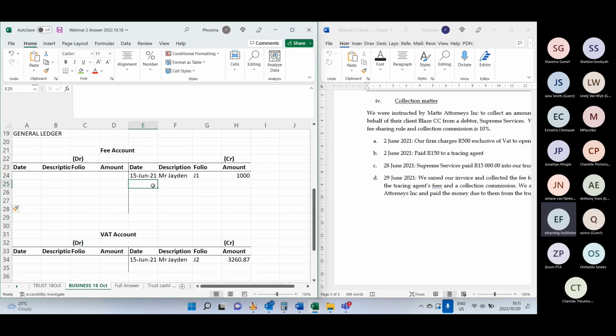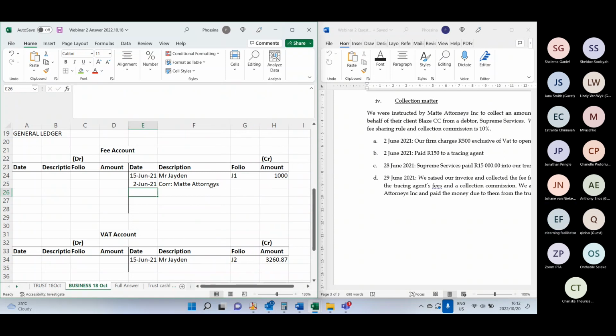Okay, so on 2 June 2021, this is our correspondent, Met Attorneys, like that. Hopefully you can see. And the fee that we are charging is 500.